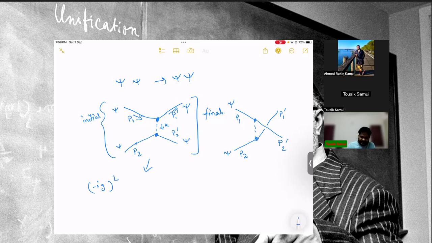don't have to do anything else, and for each vertex we'll have momentum conservation, meaning that all total of incoming momentum should be conserved.